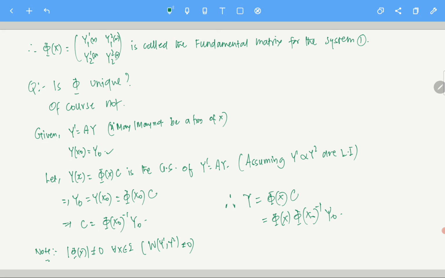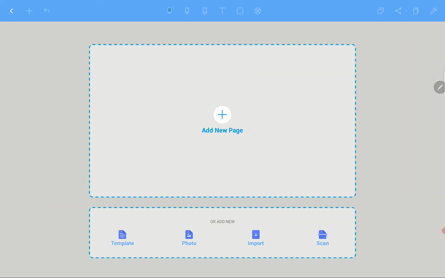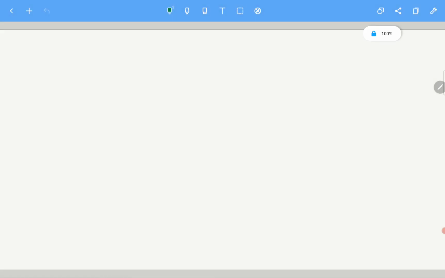So from now, any solution, a general solution of y prime equals to Ay, in terms of the fundamental matrix, will look like capital Y of x is phi of x naught inverse, okay, y at the point x naught is y naught, of course, that is given.